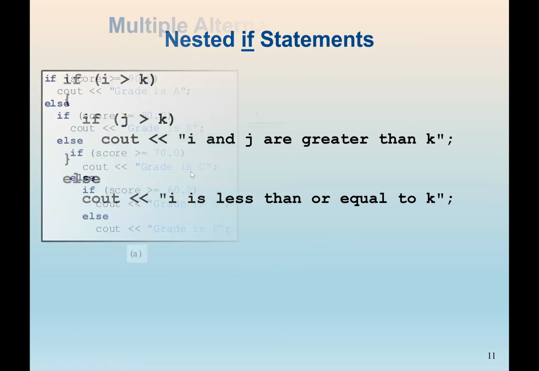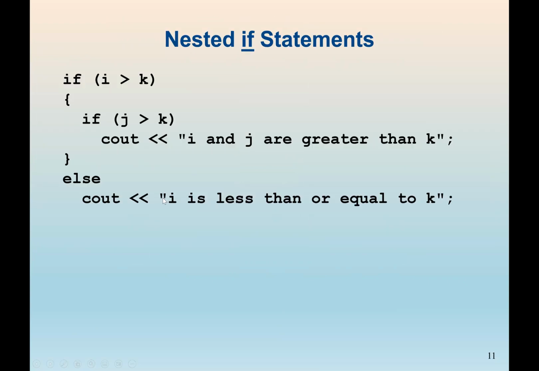That's why here you can see we are saying that i is less than or equal to k. So if i is greater than k, next we check: is j greater than k? No, j is not greater than k, but already i is greater than k, so the else section will not execute. So in this case, no statement will execute.